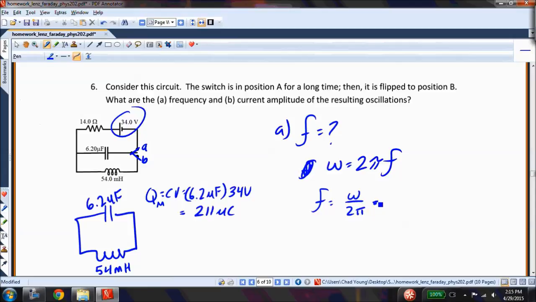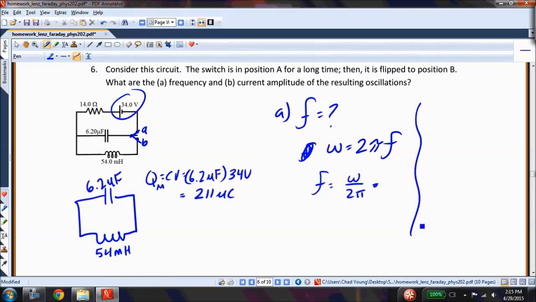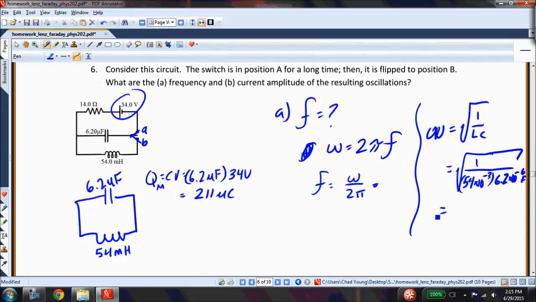And for an LC circuit, as we already did on the previous one, omega is equal to the square root of 1 over LC. That's the square root of 1 over 54 times 10 to the minus 3 henries, and 6.2 times 10 to the minus 6 farads.